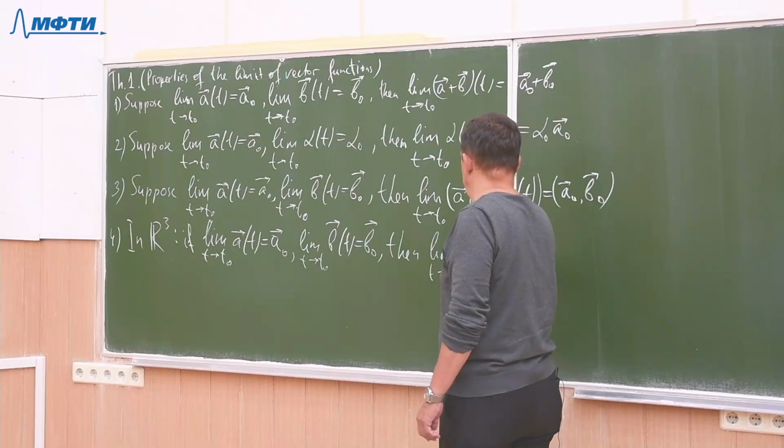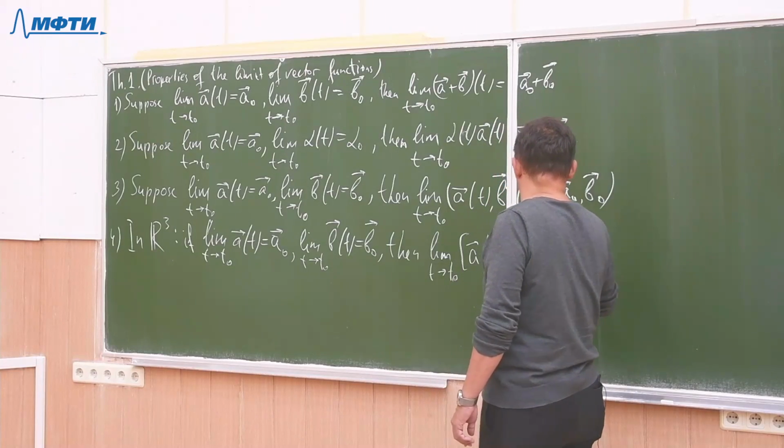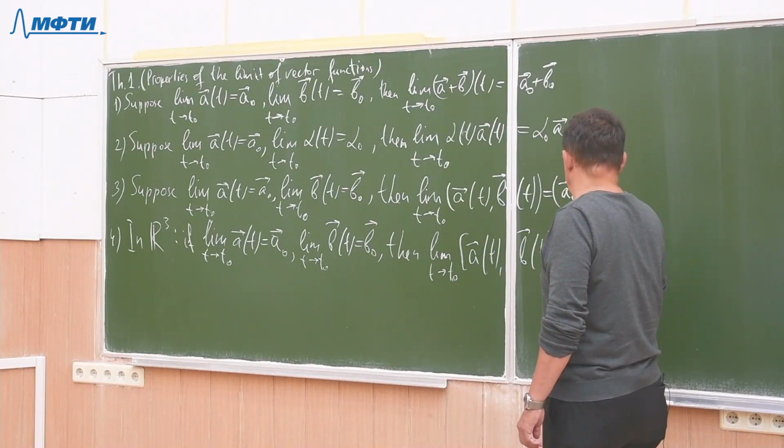So a of t times b of t has the limit equal to the vector product of limits.